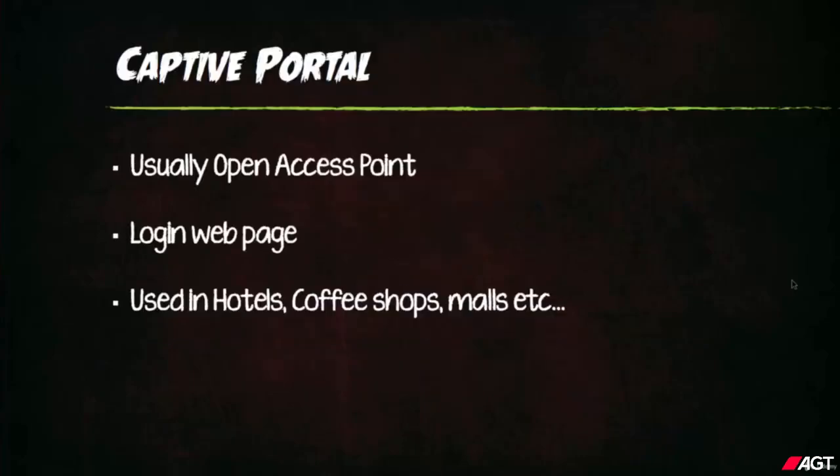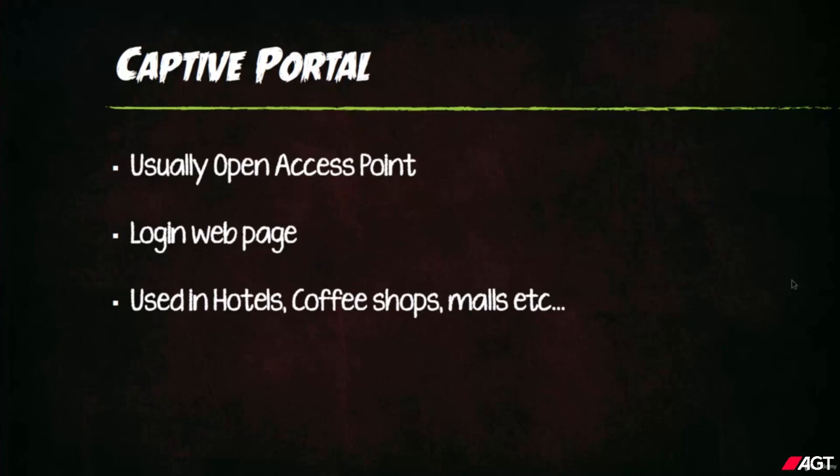So now we are going to talk about captive portal, and first of all we will see what is a captive portal. So captive portals are usually open access points. They have a login web page. Once you connect with that open access point, a login page comes, and then you have to log into that captive portal, right?